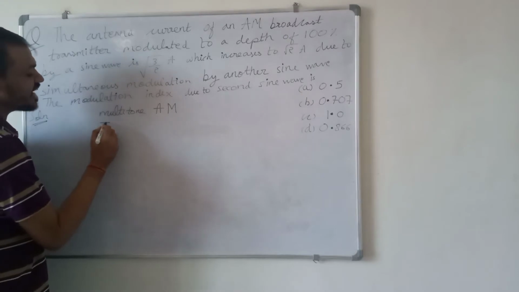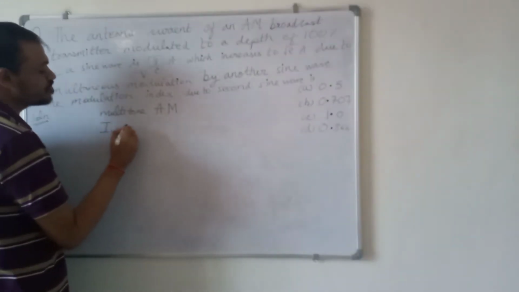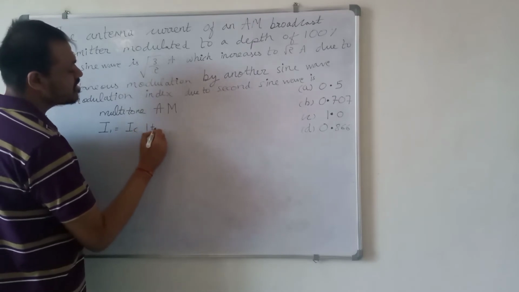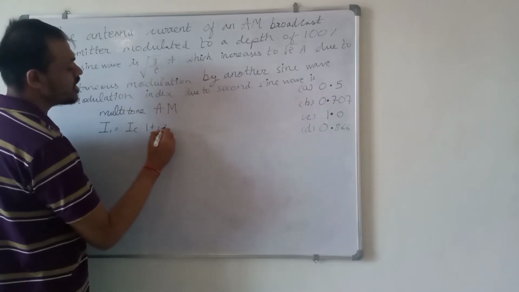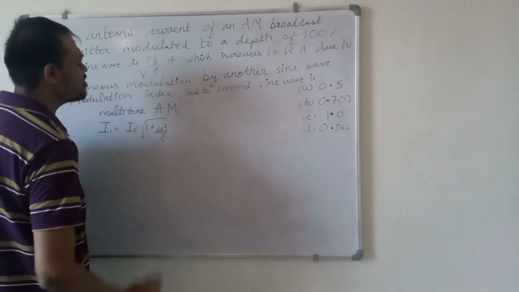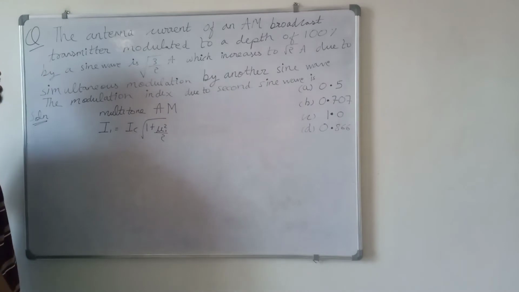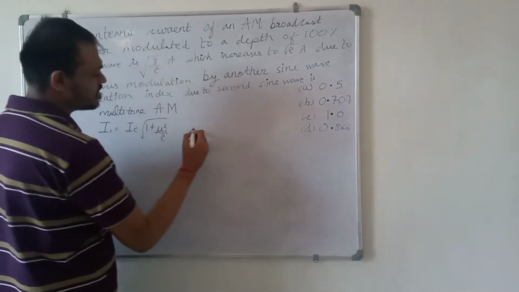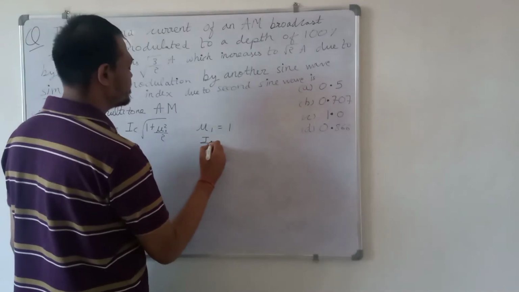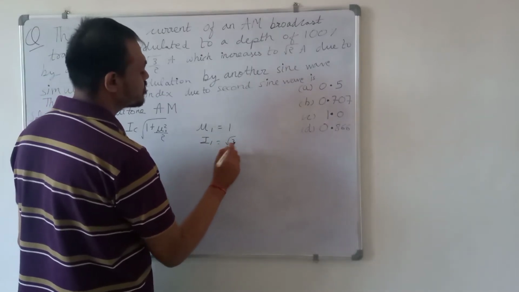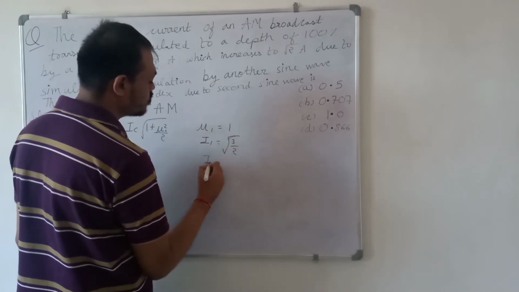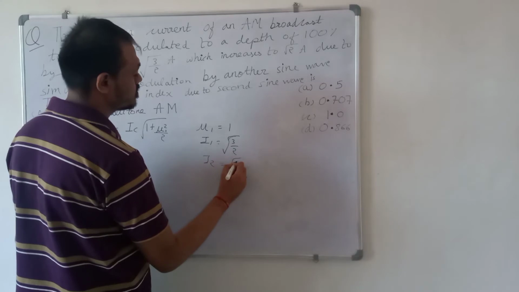So let's say current I1 is equal to IC times 1 plus mu1 square by 2, and mu1 is given to us as 1. I1 is given as root 3 by 2, and I2 is given as root 2.